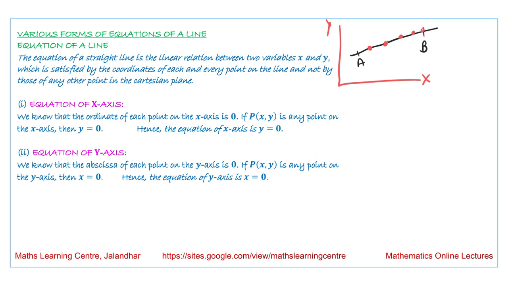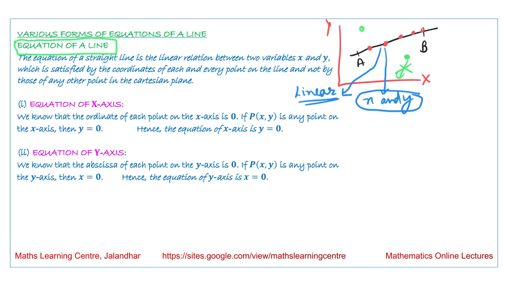We are talking about a linear relationship between x and y, and all the points which lie on this line will satisfy this equation, and any other point in this plane will not satisfy this equation. Then that equation is the equation of a line.